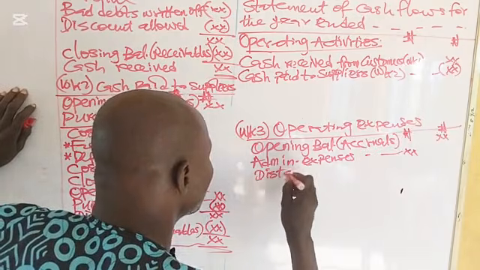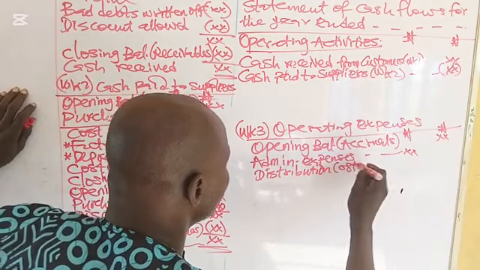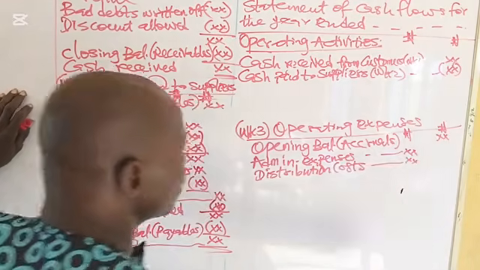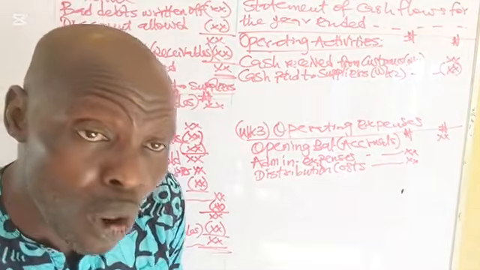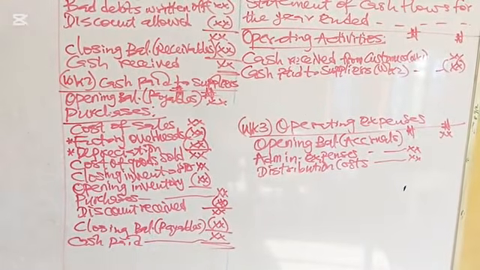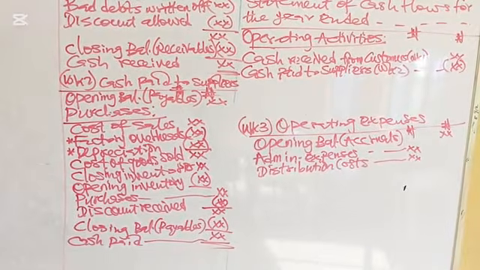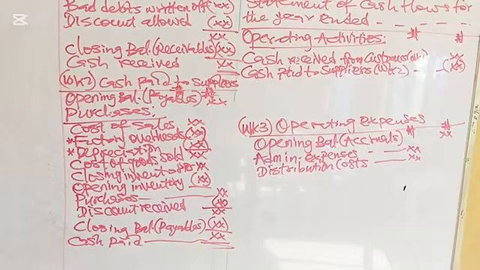Distribution costs. So there could be a number of items that will be charged to these expenses that are not cash.